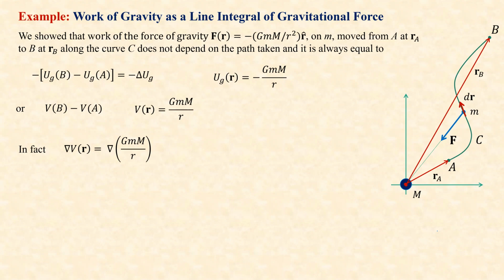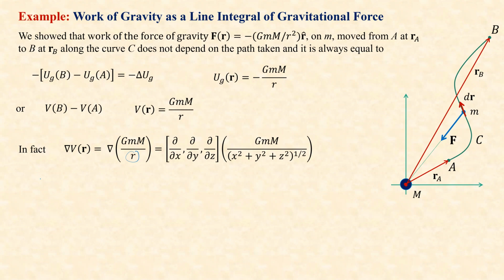The gradient of V, if V is this function, becomes that. The gradient has 3 components, the del operator, which operates on this function. Instead of r, we can put x squared plus y squared plus z squared to the power 1/2.